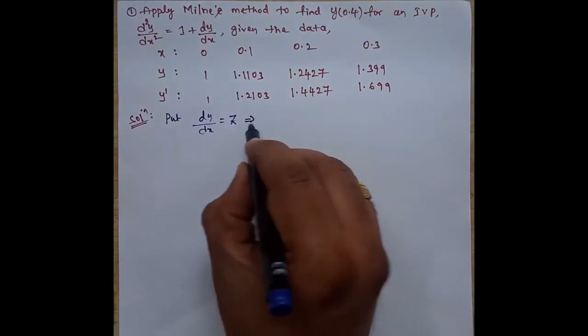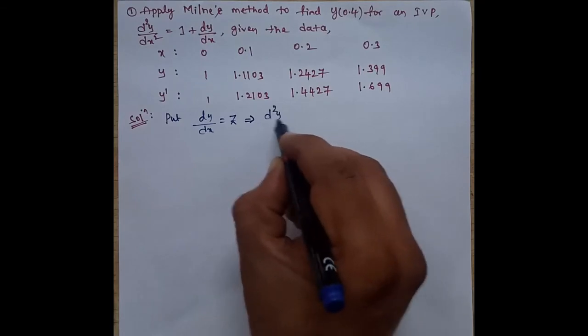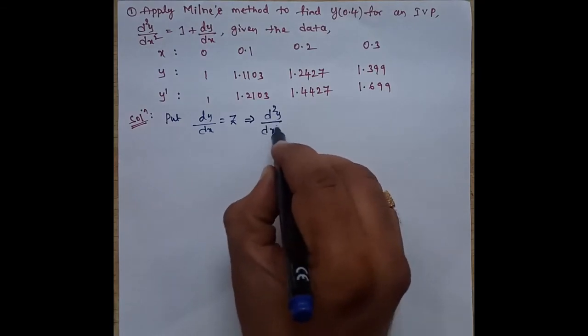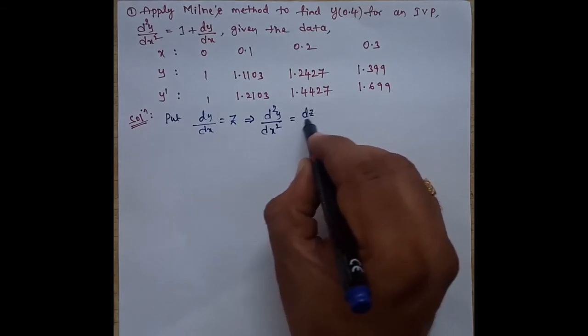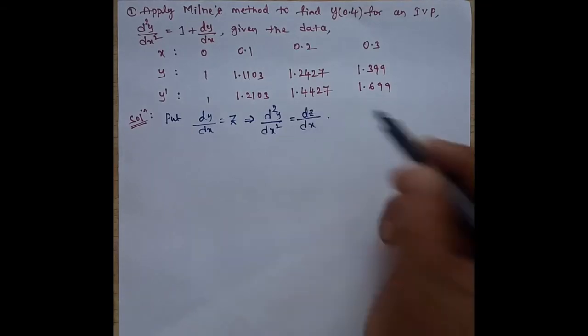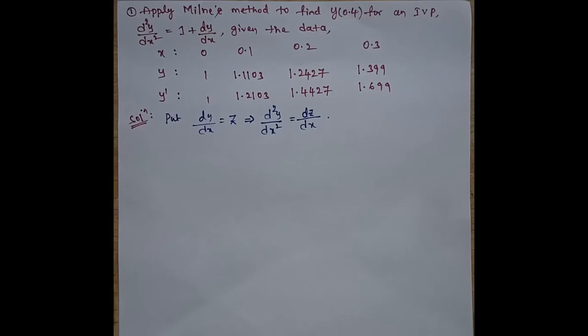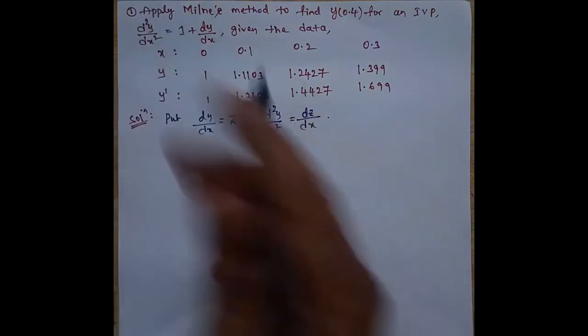This implies d²y/dx² equals the differentiation of this, which is dz/dx. This is a common substitution we can use in order to reduce the second order DE to first order. So let us put this in the given equation.